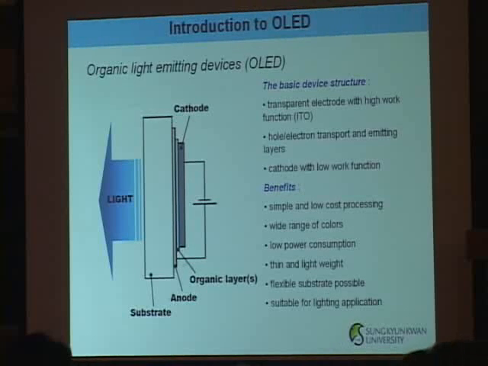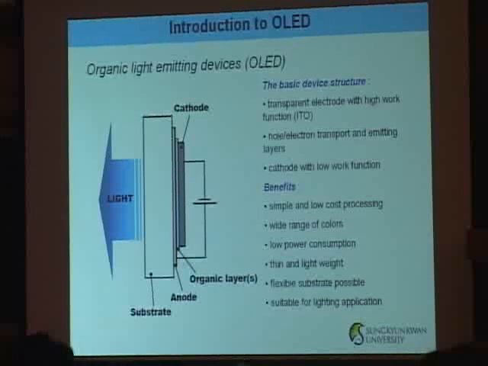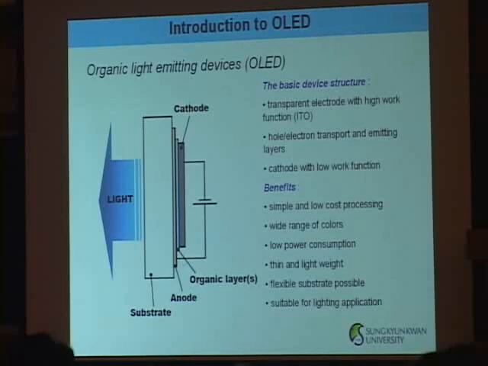In between them, we have organic hole or electron transport material or emitting organic layers. The benefits of OLED are simple and low cost processing, it is thin and lightweight, and it can be made into flexible display.